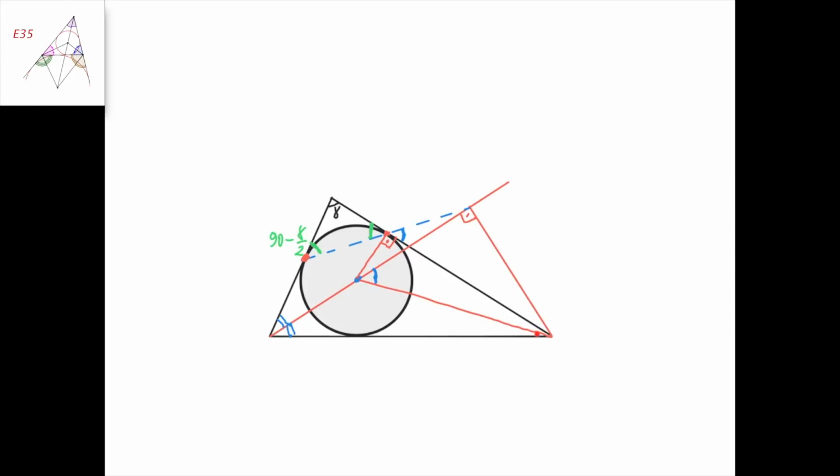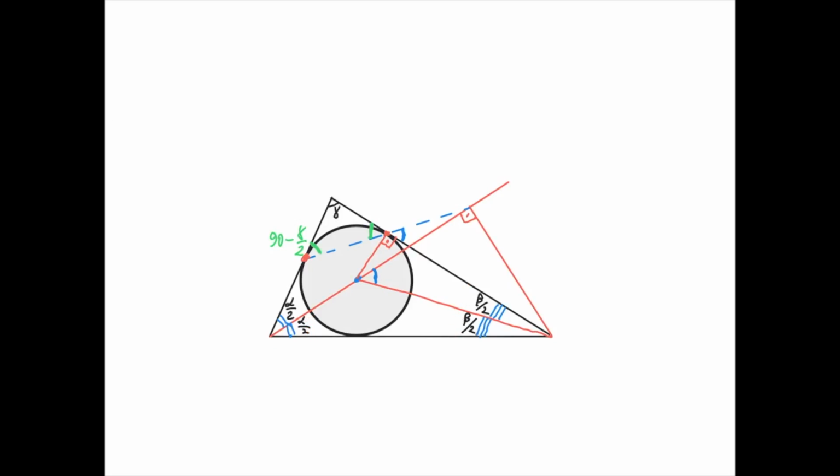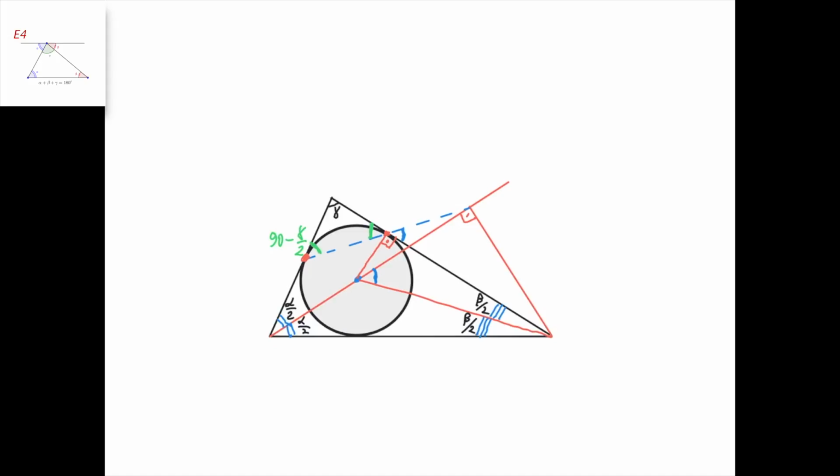Well, notice that this line is an angle bisector of this angle because it's the line that connects the vertex of the triangle and the incenter. Now, if this angle is alpha and this angle is beta, then this is alpha over 2 and this is beta over 2. We know that alpha plus beta plus gamma is 180 because of the sum of the angles in this triangle. This angle here would be 180 minus alpha over 2 minus beta over 2 because of the sum of the angles in this triangle.